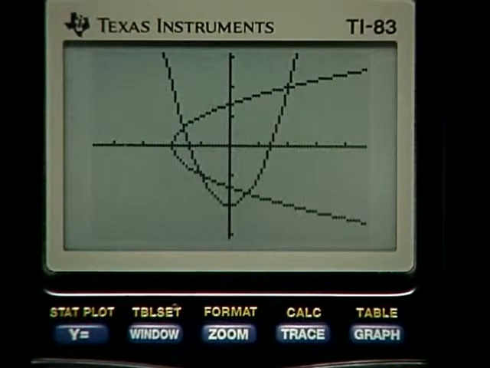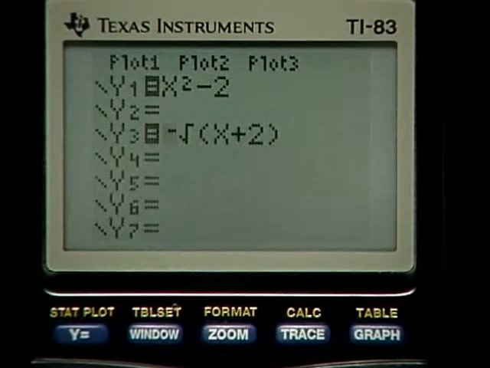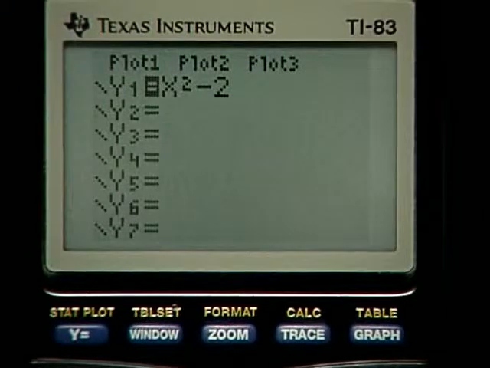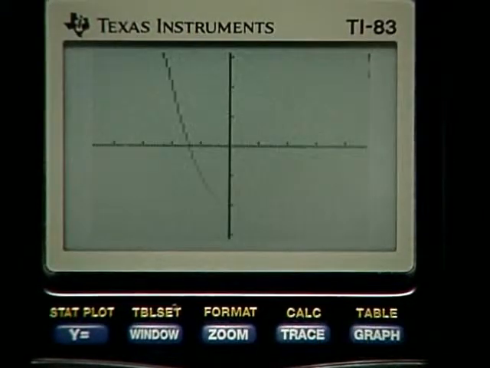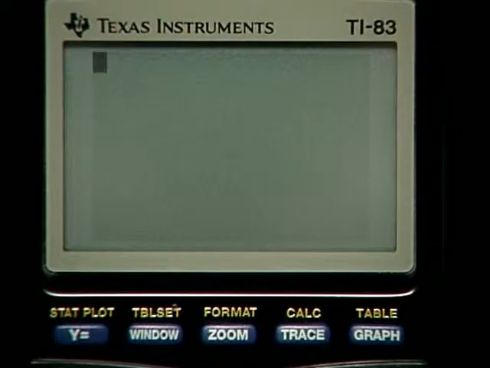Now, this graphing calculator, though, has a very special capability. I'm clearing this equation, and I'm going to clear this one. And I'd like to show you, here's the graph again of the original equation, or original function. The graphing calculator is capable of just constructing the graph of an inverse, whether the inverse is a function or not, all at one time. If we press clear at this point, we'll get an empty screen.